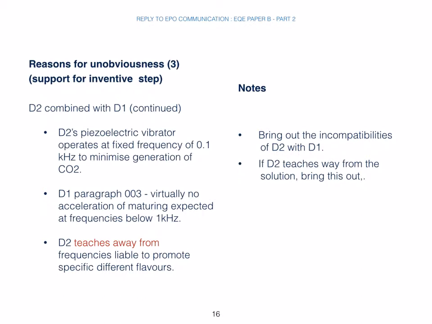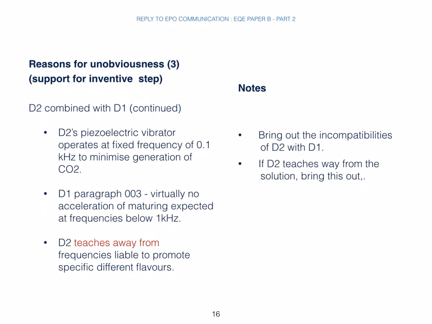D2's piezoelectric vibrator operates at a fixed frequency of 0.1 kilohertz to minimize generation of carbon dioxide. D1 paragraph 3, virtually no acceleration of maturing expected at frequency below 1 kilohertz. This is a reference now to the client's application.